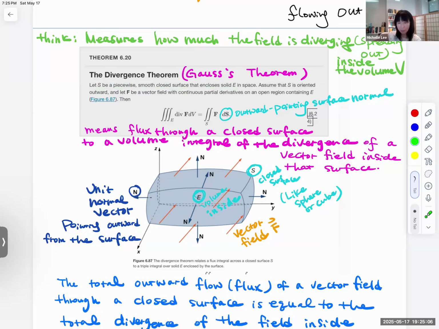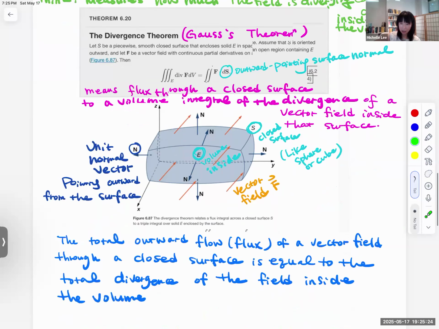So basically we have a closed surface, like a cube or sphere, and then we find the volume inside. Okay, so that is the divergence theorem.